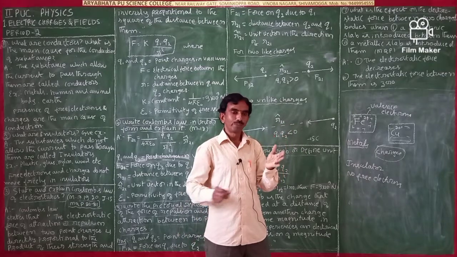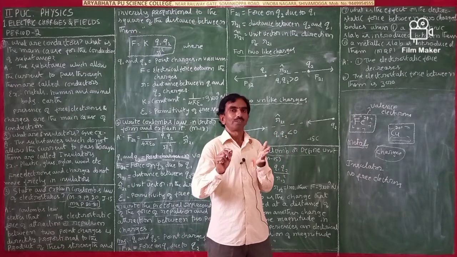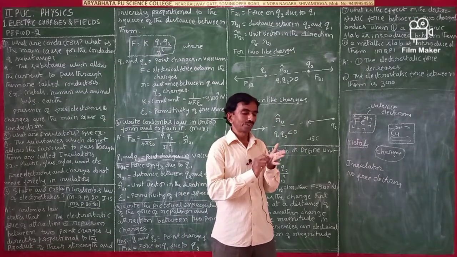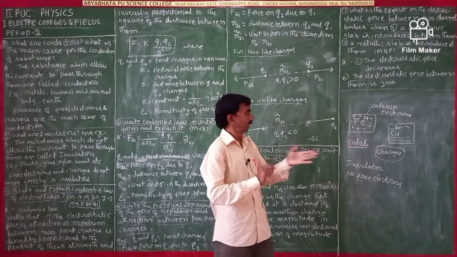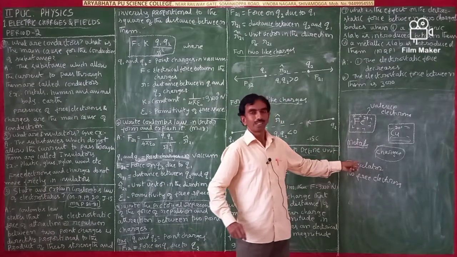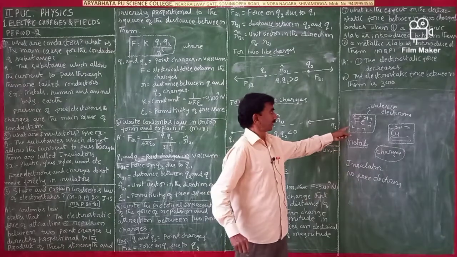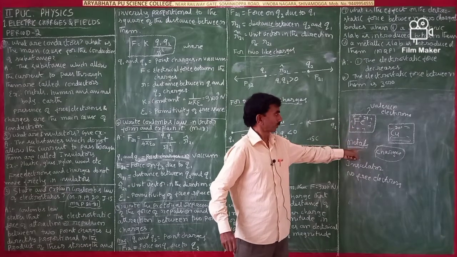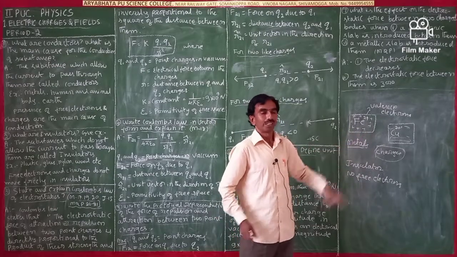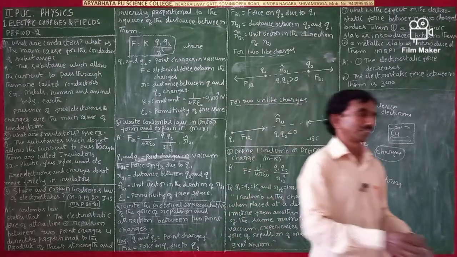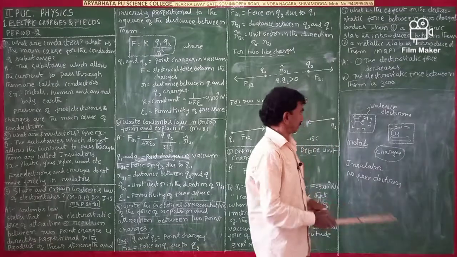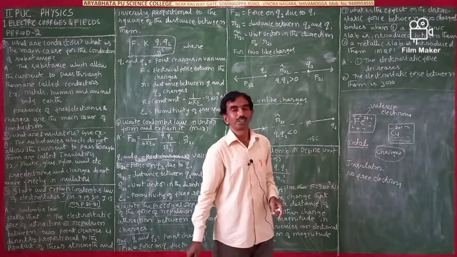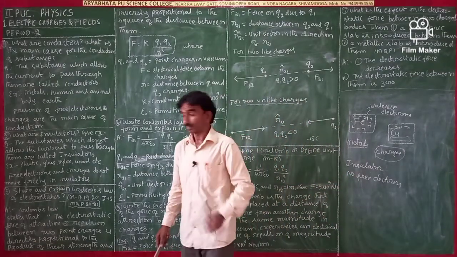To make them move, we have to rub the plastic, or rub the insulator with another insulator. Then only the insulators become charged. So free valence electrons and charges are the main cause for conduction in conductors, and in insulators there are no free electrons.